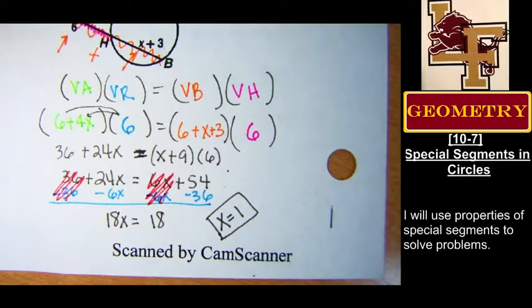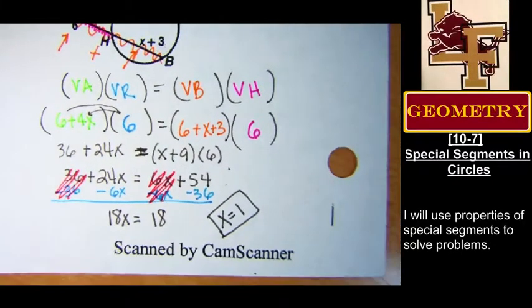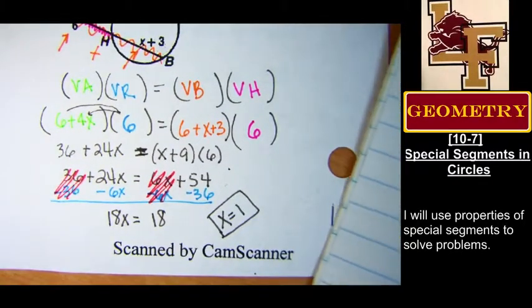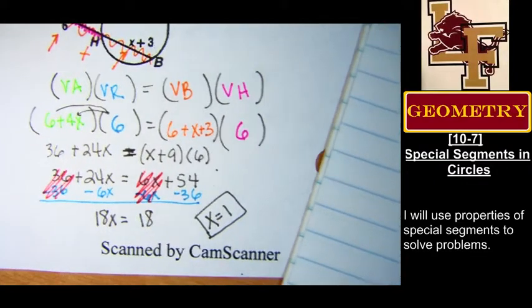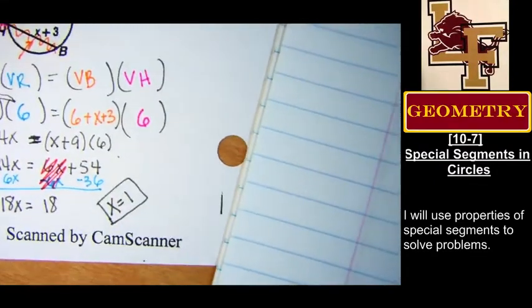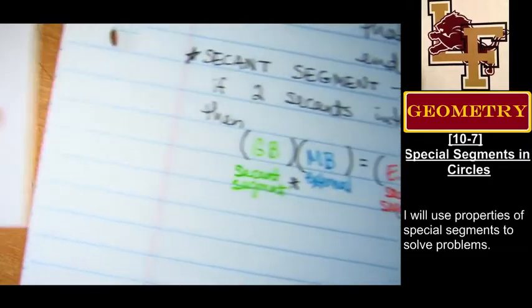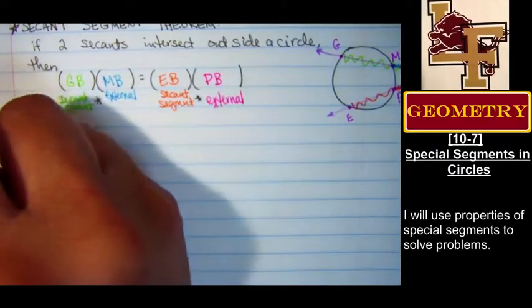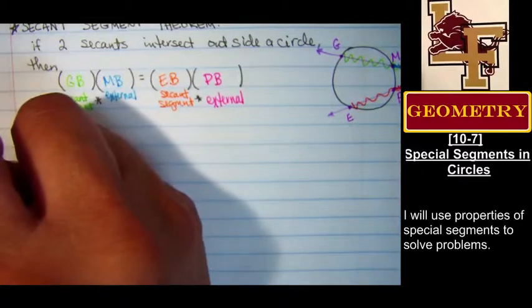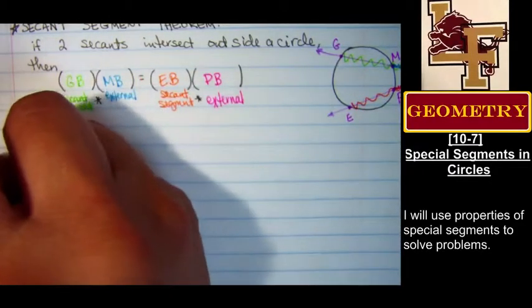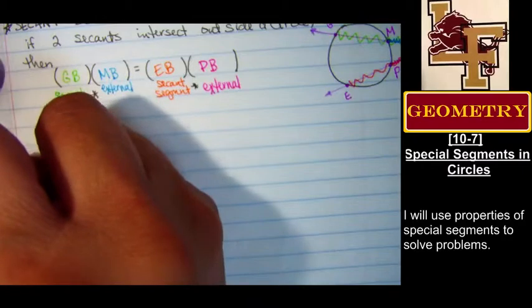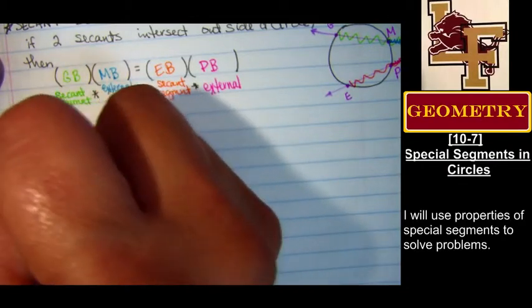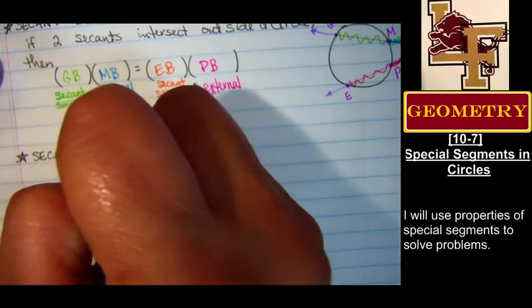All right, we only have one more theorem to go over, and then we're done, guys. When you're ready, join me back over on our note-taking paper. The last theorem is called the secant tangent theorem.